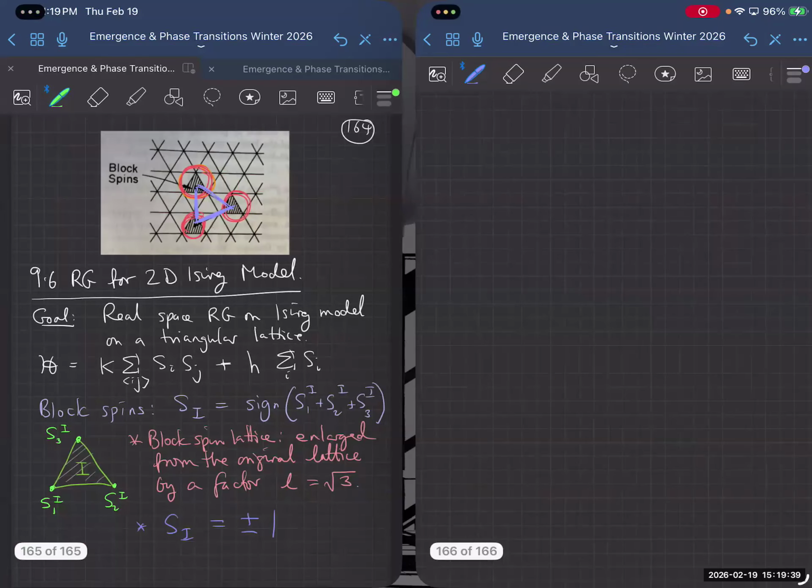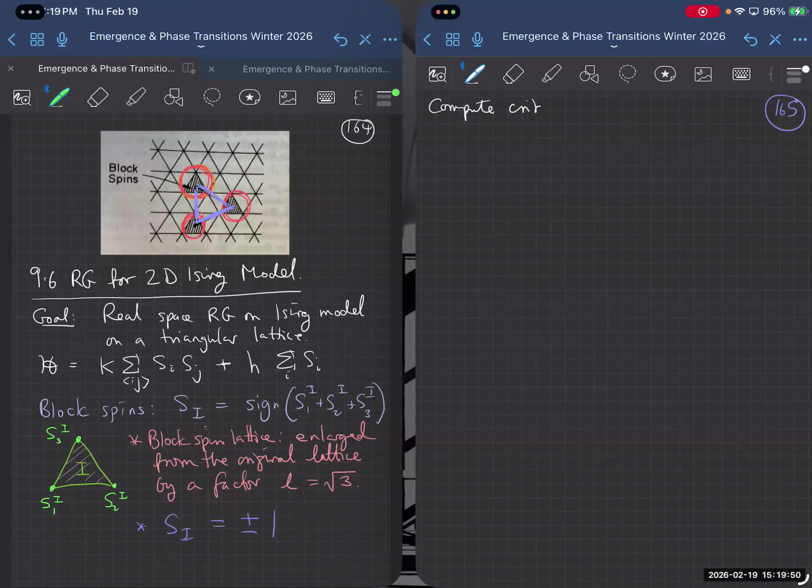So what I want to do is calculate the critical behavior, and we're going to compare with Onsager's exact calculation.